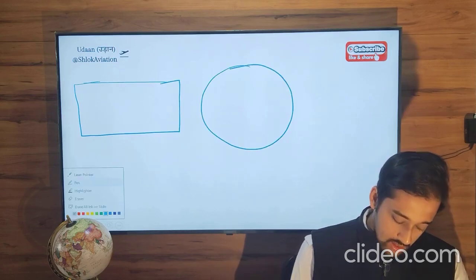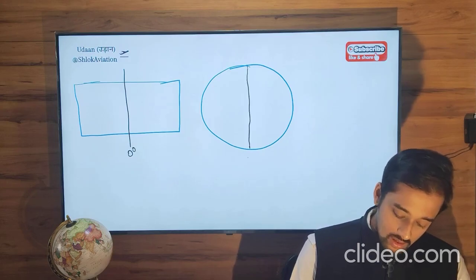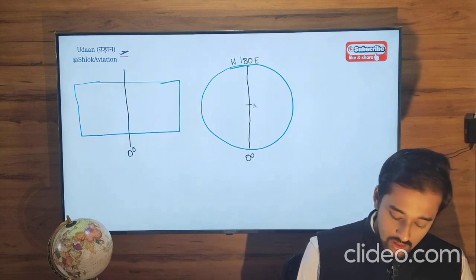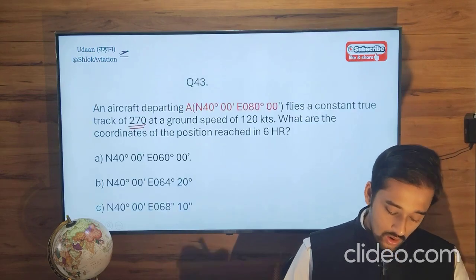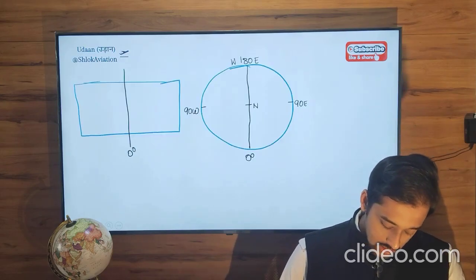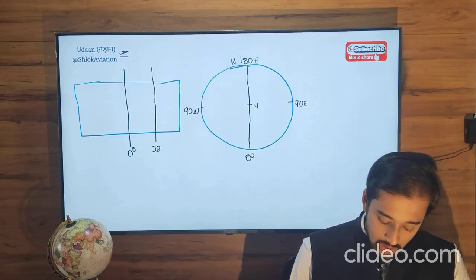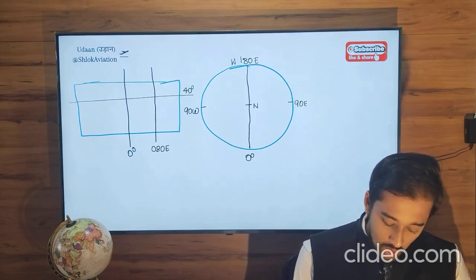Okay, this is your prime meridian. So you are at 40° north, 80° east. So this is your 80° east longitude, and you are at 40° north.